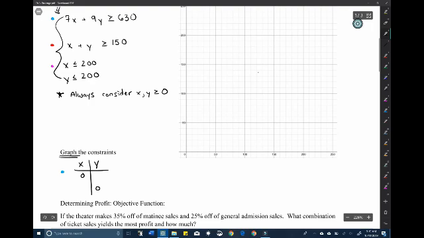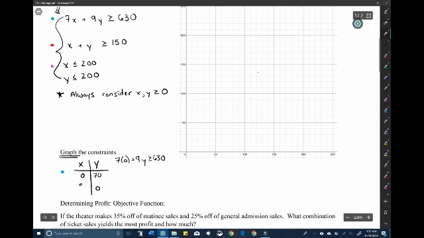So again, if we substitute 0 in for x, we have 7 times 0 plus 9y greater than or equal to 630. Essentially 630 divided by 9 is 70. So 0 for x is 70 for y.